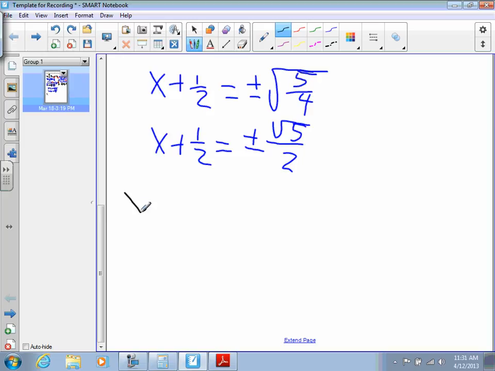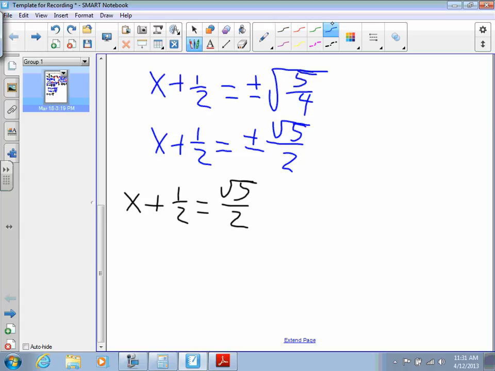On this side, we have x plus 1/2 equals the square root of 5 over 2.